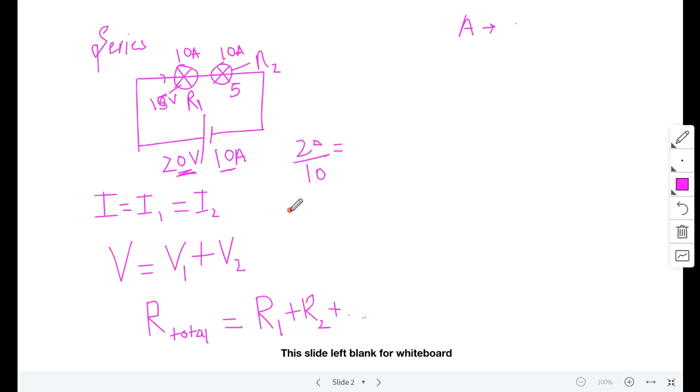Okay, so if I just need the total resistance and not each individual one, and they give the total potential difference and total current, then this is the way to calculate it. But if in a given question no voltage and no current is given, only the resistances of the components, then you have to calculate R total by this formula.